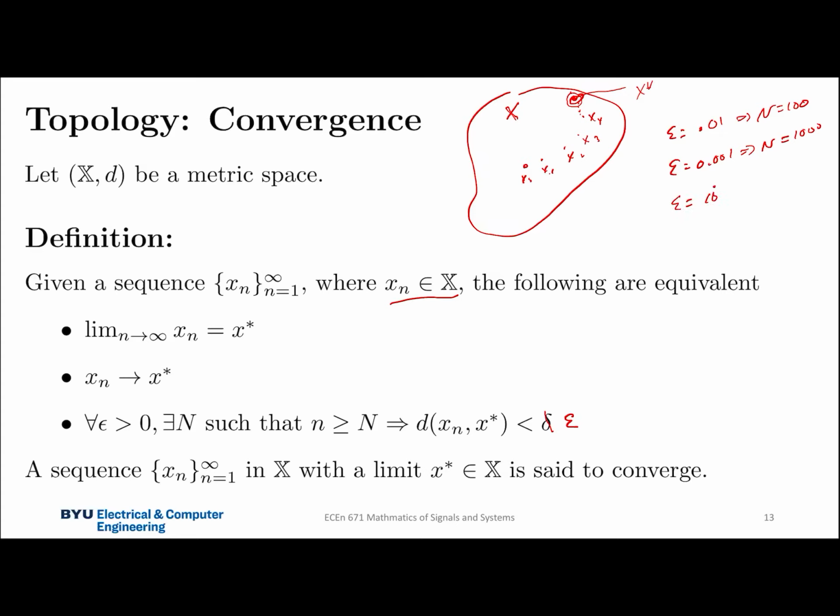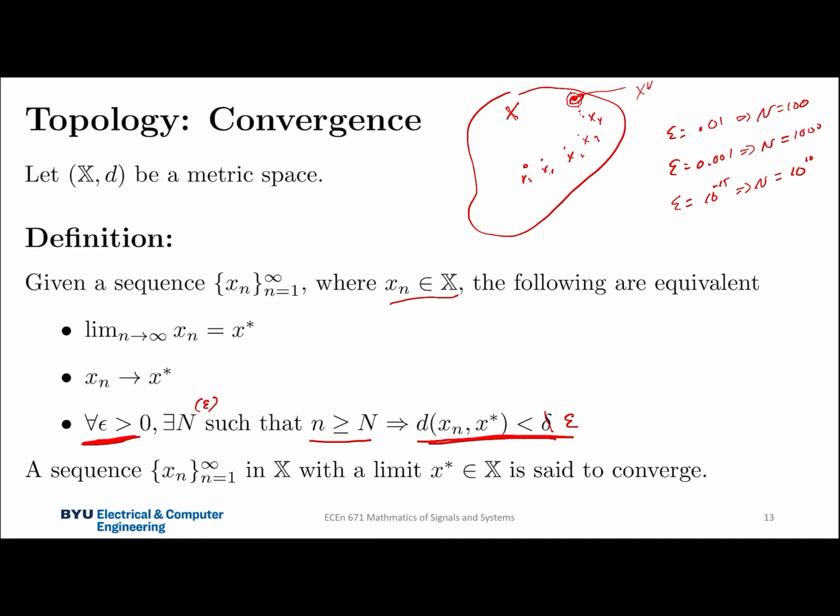Or if I pick 10 to the minus 15, then maybe n would be 10 to the 10 or something like that. So this says for every epsilon, I can pick any epsilon you want, so I can get arbitrarily close to x star. For every epsilon there exists an n, and the n is going to be a function of epsilon, because when epsilon gets smaller and smaller, n is going to get larger and larger.